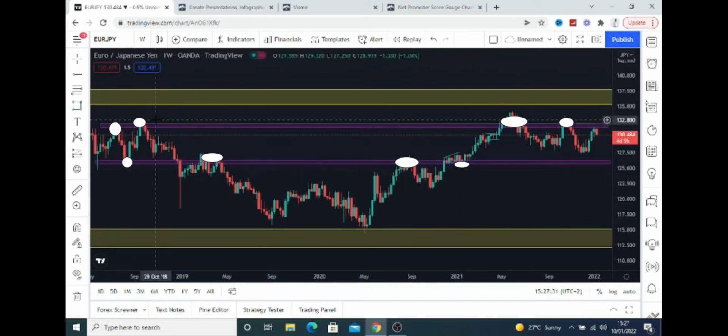Reacted, and then it went up, then it rejected our resistance, then it came down, broke our support, came down, rejected it as a resistance, then it came down, came up, rejected this area. So we should also mark it in.